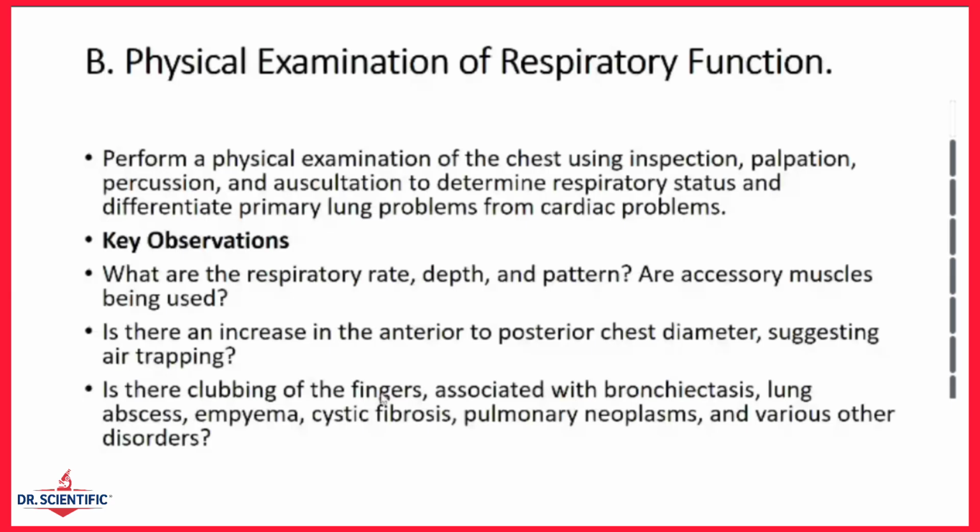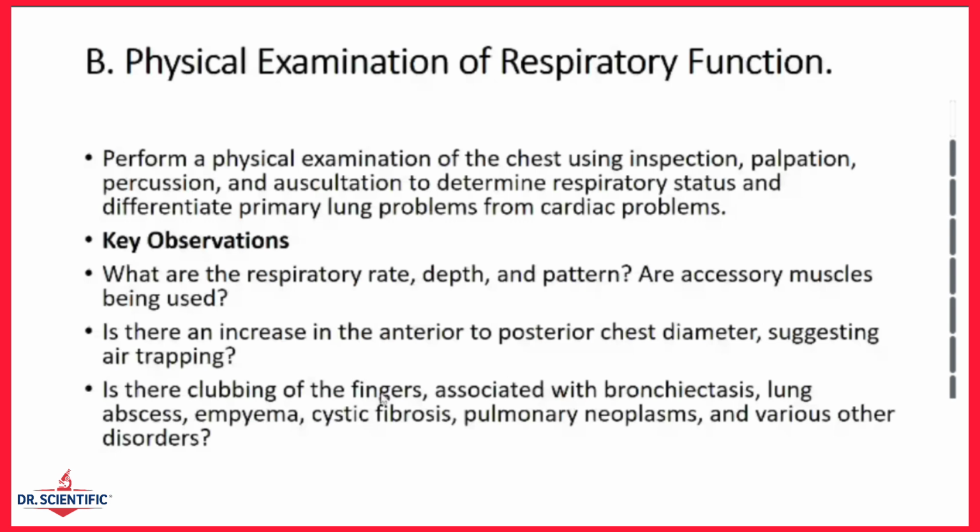Then lastly, you get to auscultate, where you hear the air movement through the trachea and the lungs. I know the abnormal sounds, the adventitious sounds: the crackles, the wheezes, the rhonchi. You need to distinguish all those sounds. What are the crackles?